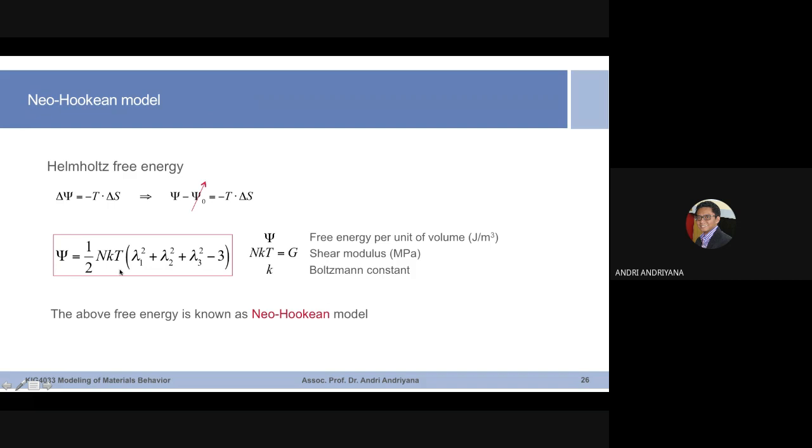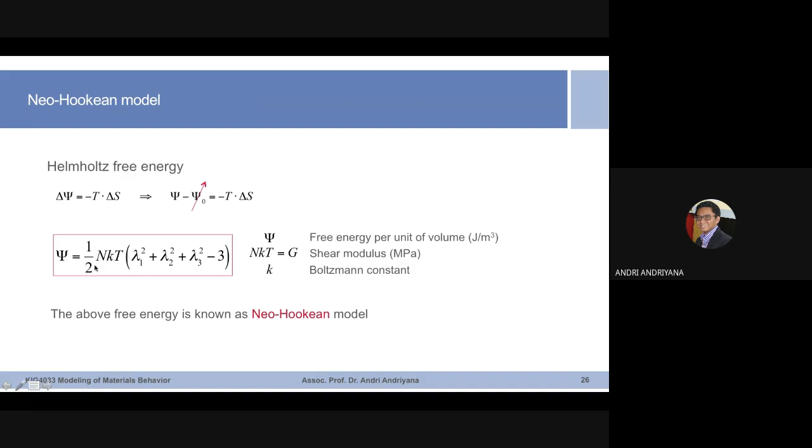the expression of Helmholtz free energy for the Neo-Hookean model, which is 1/2 times NKT, and then times the terms in the bracket here. Again, lambda 1, lambda 2, lambda 3 are the three principal stretches. N is the number of chains in the polymer per unit of volume.